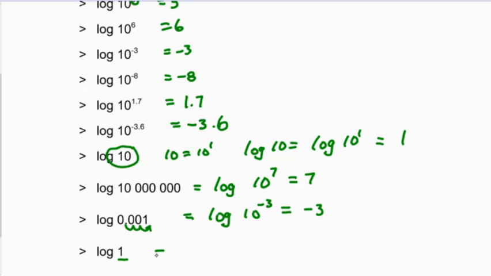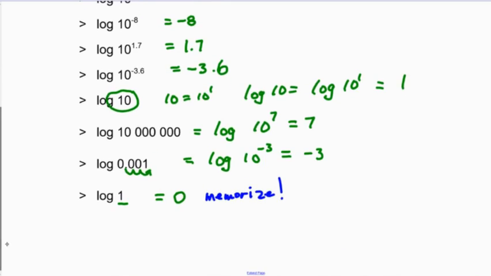Just double checking things here. That is 0. That's kind of like a definition. You kind of memorize that one. So memorize that one.